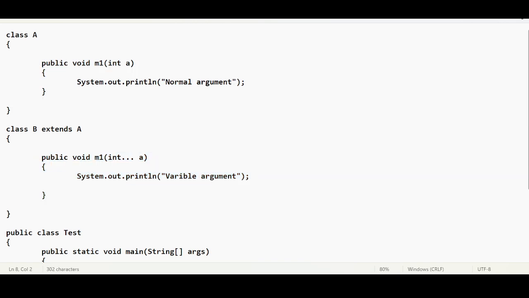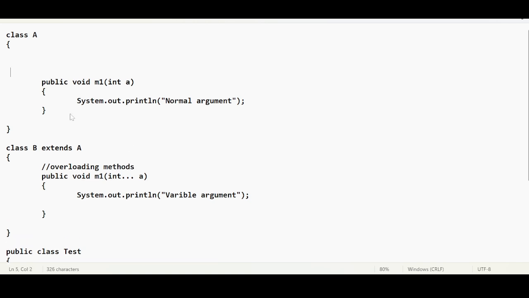In order to say that two methods are overriding methods, it is mandatory that the parameters should also be the same. Here the parameters are different. When you are dealing with different parameters, it cannot be overriding. These methods are overloading methods, not overriding methods.